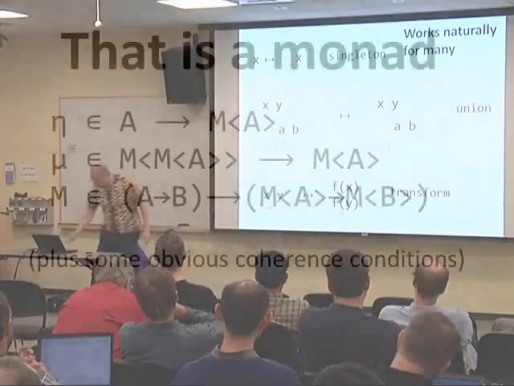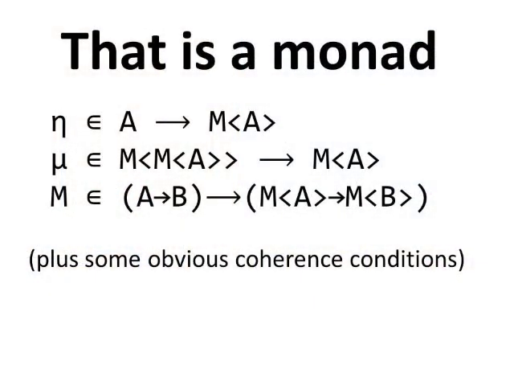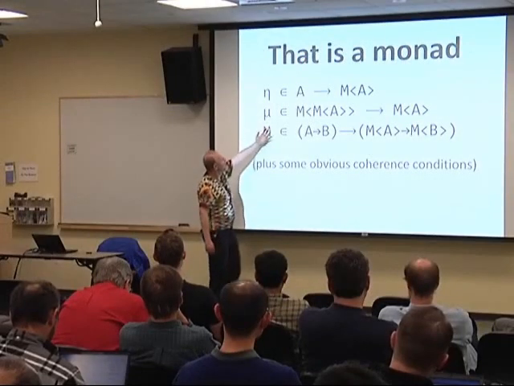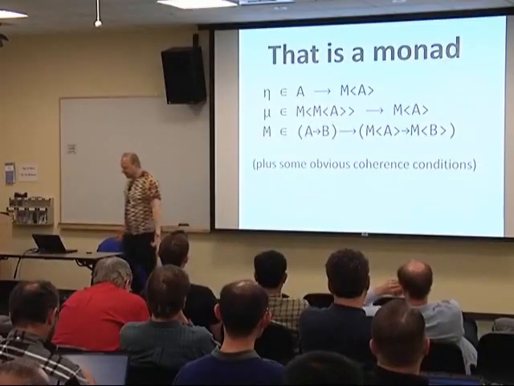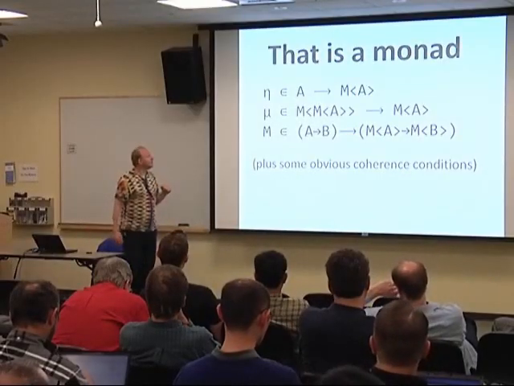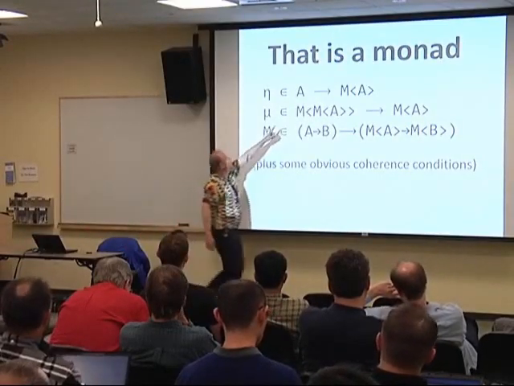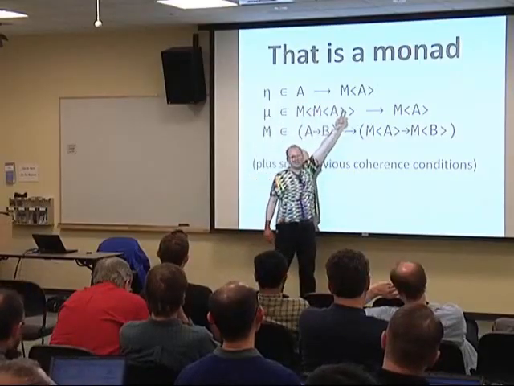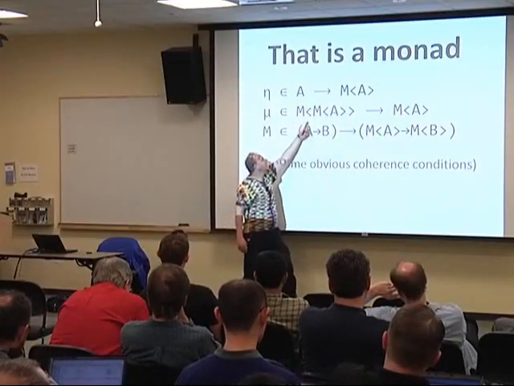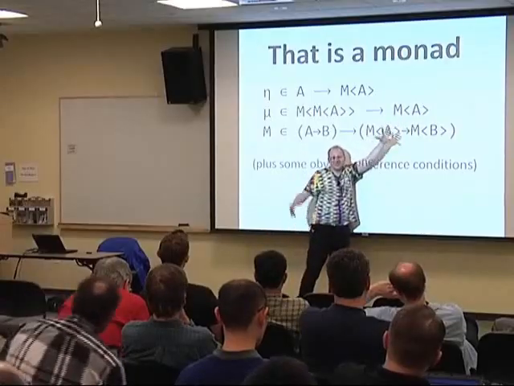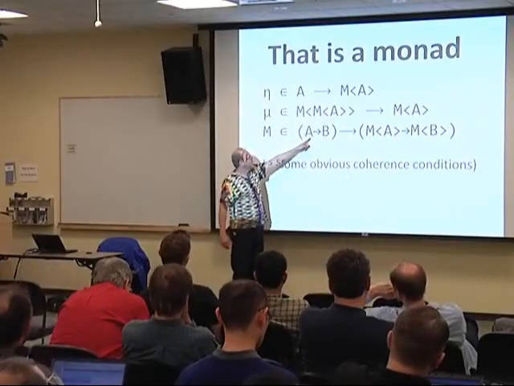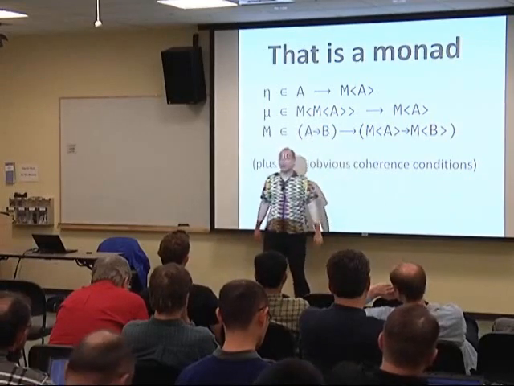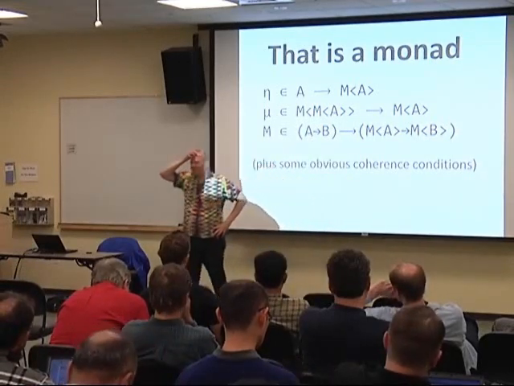Everything will work. If I now write the collections using generics, what you get is exactly monads. What monads give you is a way to take a value and inject it into a collection, to take a collection of collections and reduce it to a single collection, and to apply a function to each element of a collection. Wow, that was trivial.